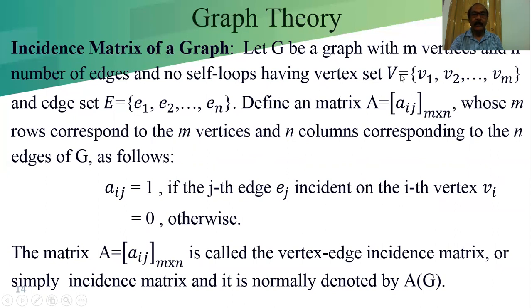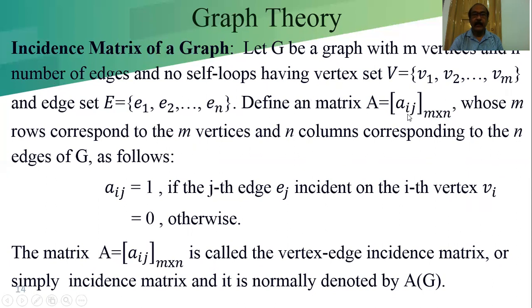The vertex set is V equal to V1, V2, ..., Vm, m vertices, and the edge set is E equal to E1, E2, ..., En, n edges. Then we can define a matrix A equal to Aij.